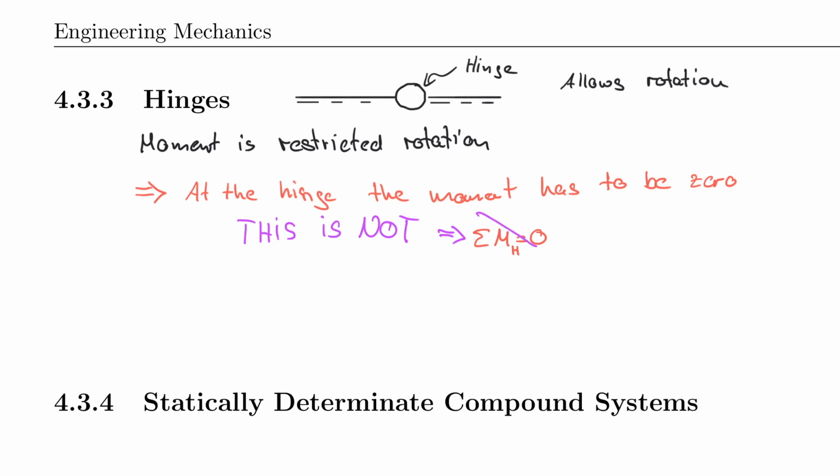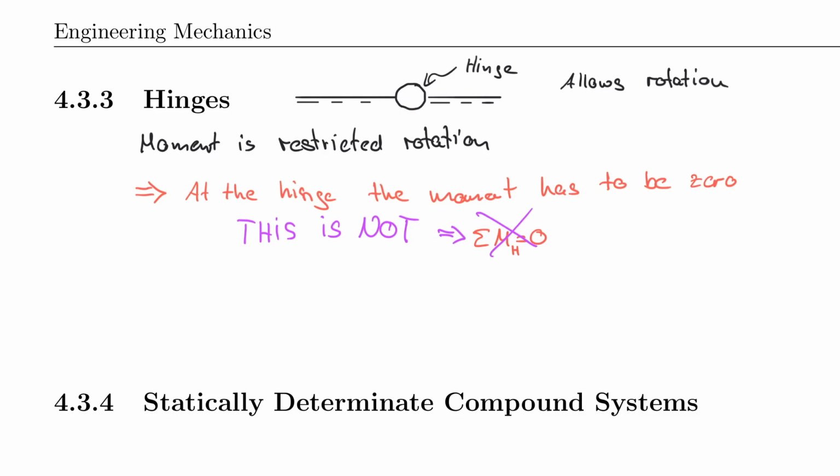So this is true, but it is very different than saying that the moment at the hinge is equal to 0. Let me clarify the difference. So the sum of the moments for static systems is always 0 at every location. It's 0 here, it's 0 here, it's 0 here, here, anywhere. But the moment to be 0 is only true at the hinge.